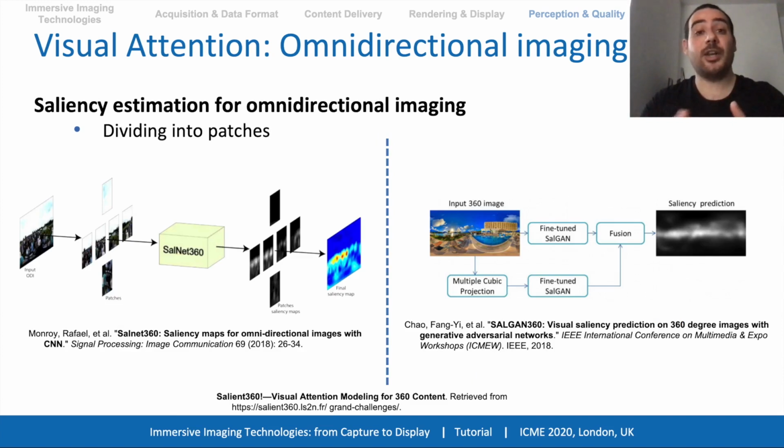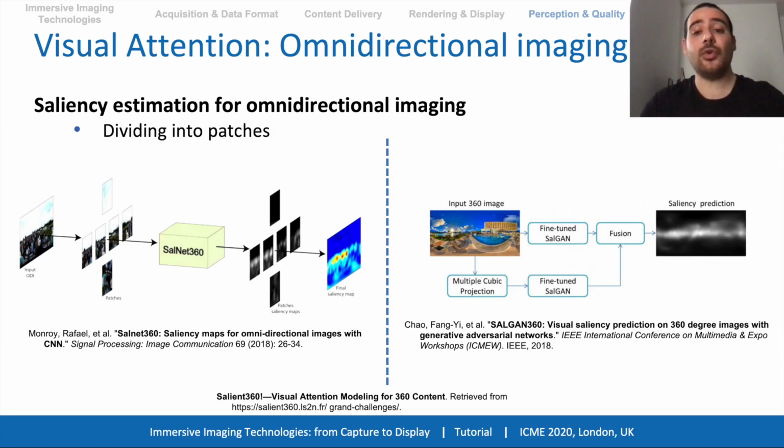Because of the spherical nature of 360-degree video, we need new saliency map estimation methods. The Salient 360 Grand Challenge at ICME 2017 and 2018 fostered further research in this domain by providing a benchmark platform for visual attention models.